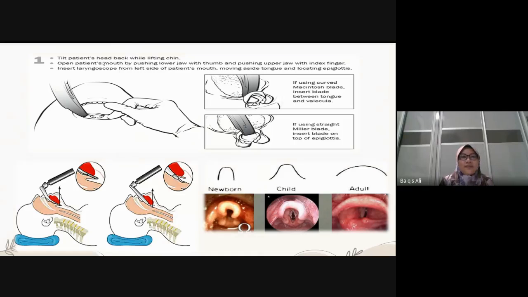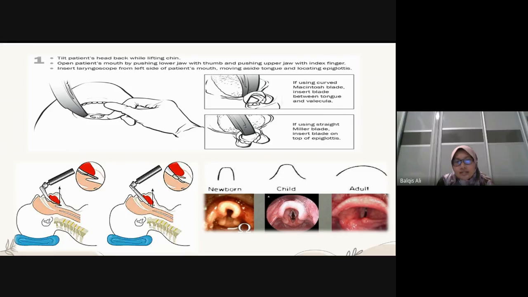So first we tilt the patient's head back while lifting the chin, and then we open the mouth by pushing the lower jaw with the thumb and the upper jaw with the index finger. And then we insert the laryngoscope from the left side of the patient's mouth, moving aside the tongue and trying to locate the epiglottis. If you use a curved Macintosh blade, we insert it between the vallecula and the tongue.